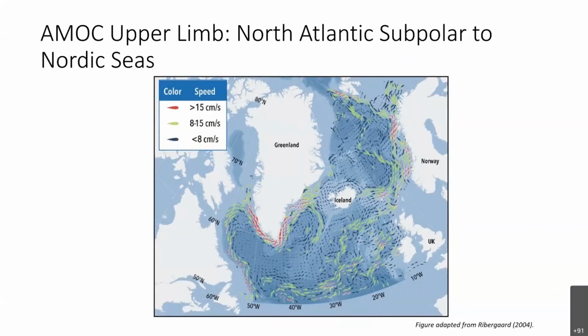And I'm not going to get into the details of this because you could spend a long time on this. But the main point here is to illustrate an advantage of the Lagrangian approach, whether it's observations or simulations. In this case, it shows a gridded velocity field that has been obtained from thousands of surface drifters in the region of the subpolar to Nordic seas connection over the ridge.